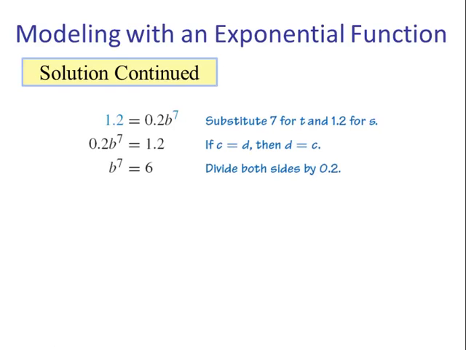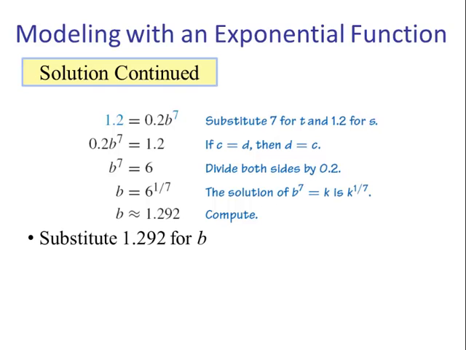We have B to the 7th equals 6. Raise both sides of the equation to the 1/7 power, and B is approximately equal to 1.292. So for our function, we have S equals 0.2 times 1.292 raised to the T power.